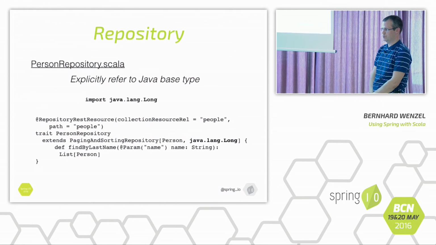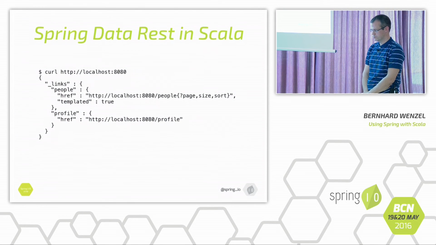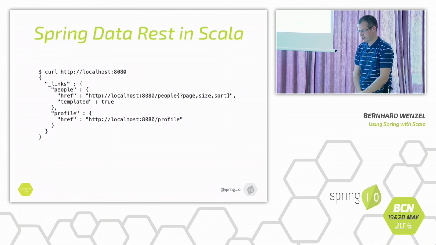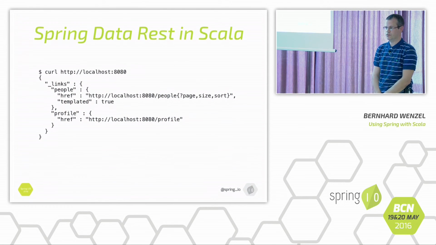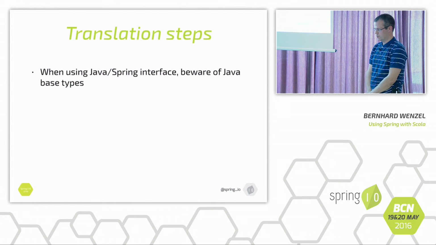You can either do this by importing the long type or by using the full package. And then it will work. You just start the container, and if you ping the endpoint, you see you have an API waiting there. So I just remember the base types when dealing with Java interfaces from Scala.